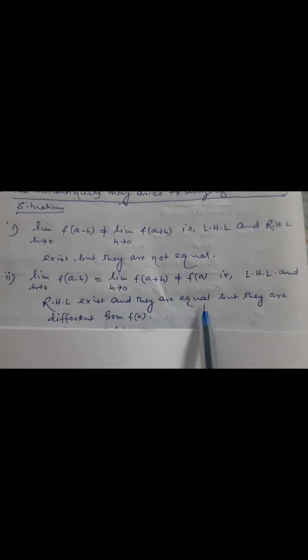Second case: limit h tends to 0 of f of a minus h equals limit h tends to 0 of f of a plus h, not equal to f of a. That is, LHL and RHL exist and they are equal but they are different from f of a.